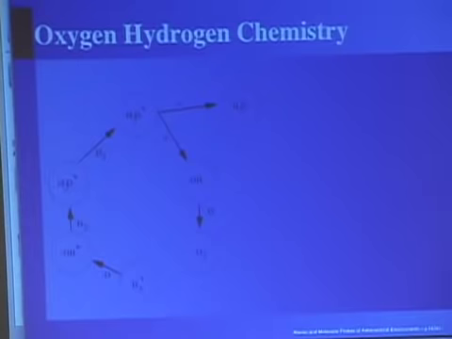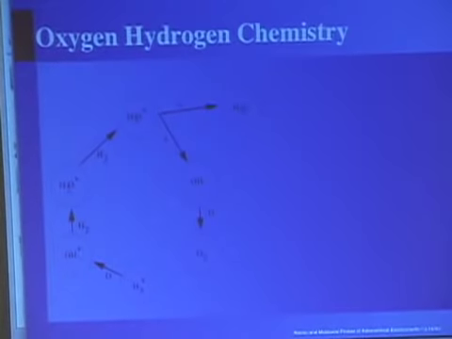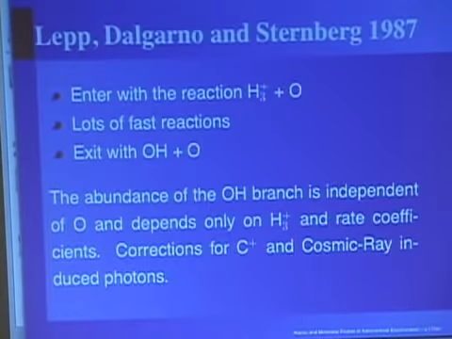There are corrections to this because, of course, it's never quite all that simple. In fact, sometimes C+ can be important in removing OH. And these cosmic ray induced photons can change H2O+ into OH+, and H2O into OH. So it becomes messier.